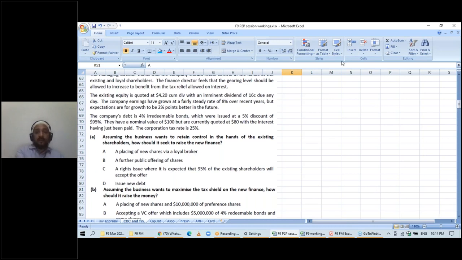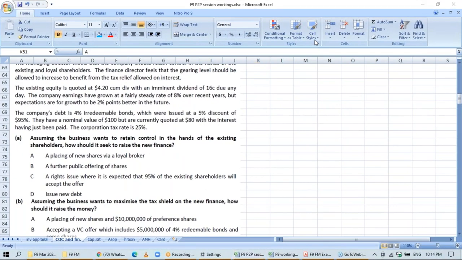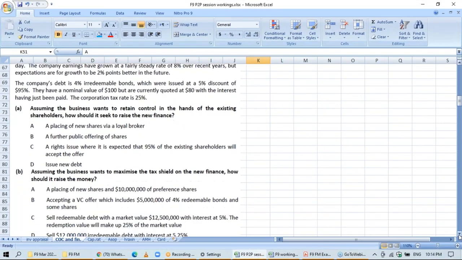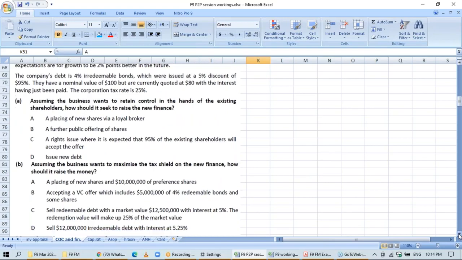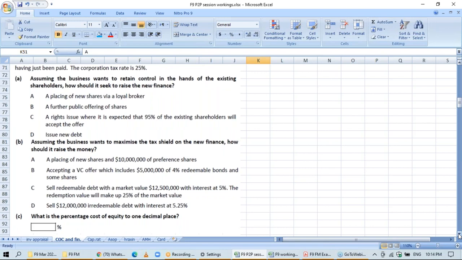So moving on to the next part. Assuming the business wants to maximize the tax shield on the new finance, how should it raise the money? So how can you maximize the tax shield? By obtaining loans through borrowing rather than raising funds through equity options.